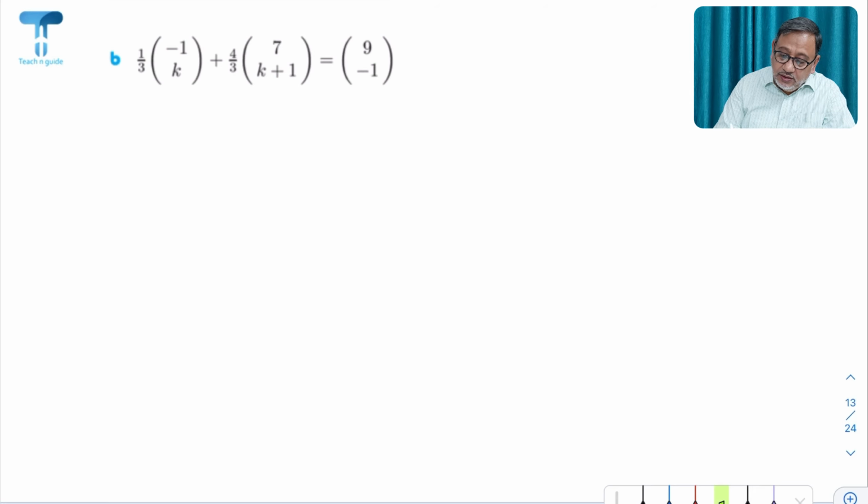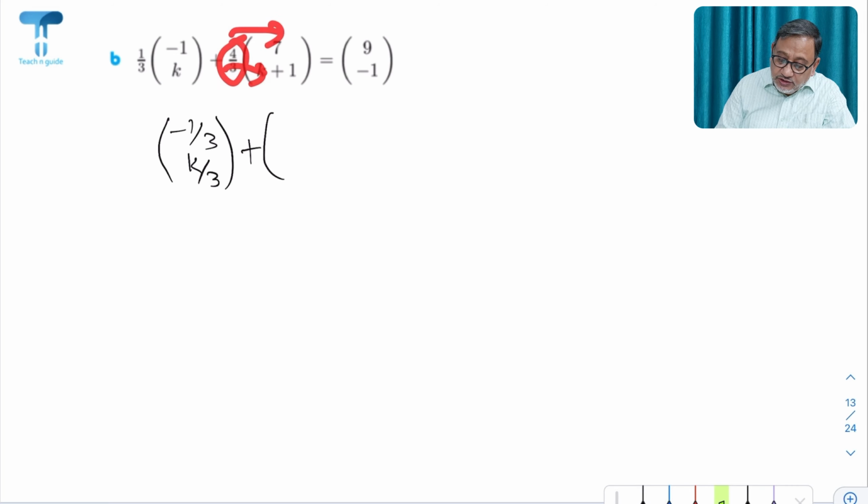Now I will do the same thing. I will multiply by 1 by 3 to each component first. So minus 1 by 3 and k by 3 is the first component. Now here also I will multiply by 4 by 3 to each part of it. So 4 by 3 into 7 and 4 by 3 into k plus 1.